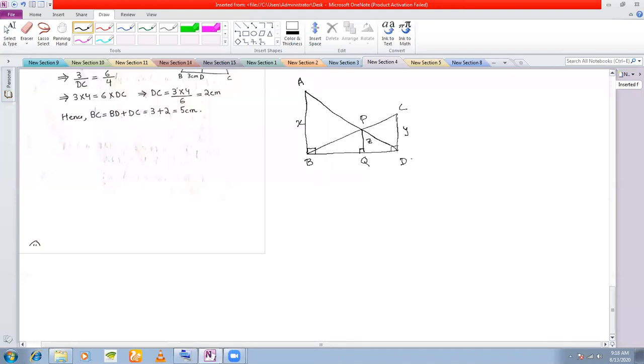This was the figure given, and X, Y, Z were given as the lengths of these sides. Okay, and you had to prove 1 by X plus 1 by Y is equal to 1 by Z. This is what you have to prove in this.